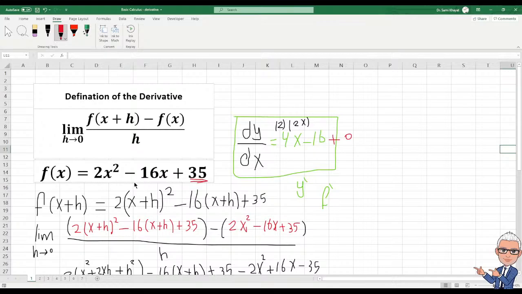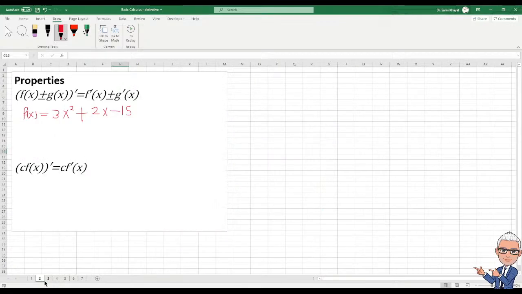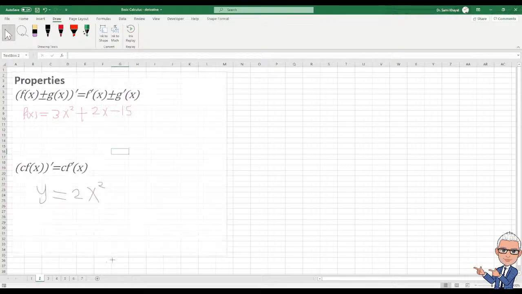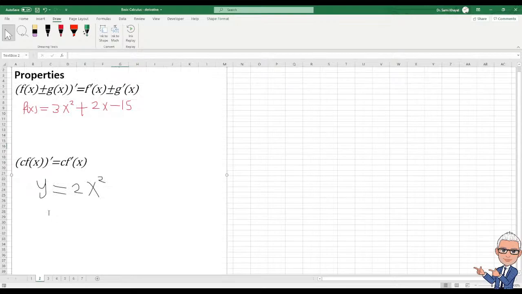Now, let's talk about this 2 and 16. What is the property of this one? The property says, if you have a function, for example y equals 2x squared, how do I find the derivative of this?